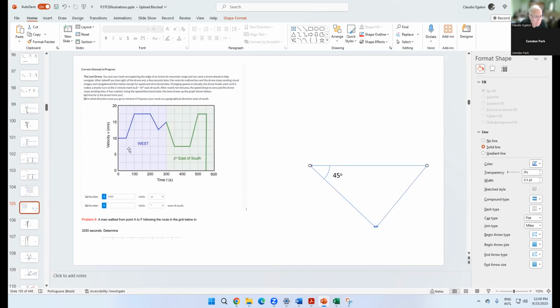That's the thing I couldn't get to. Okay, 10 meters per second times 50 seconds is 500 meters, right?